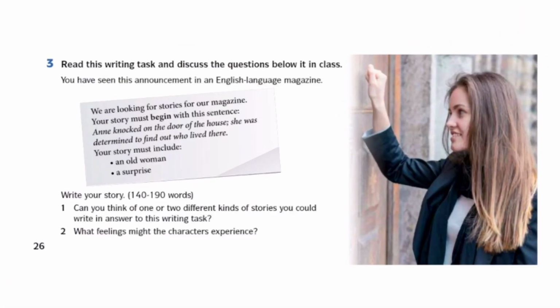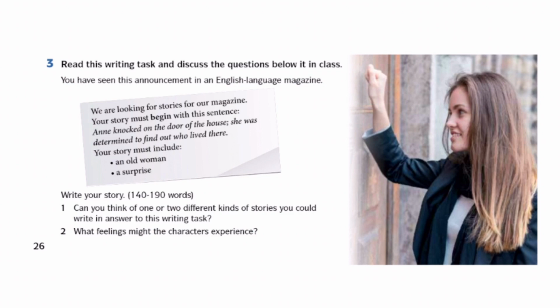You have seen this announcement in an English language magazine. We are looking for stories for our magazine. Your story must begin with this sentence: Anne knocked on the door of the house. She was determined to find out who lived there.